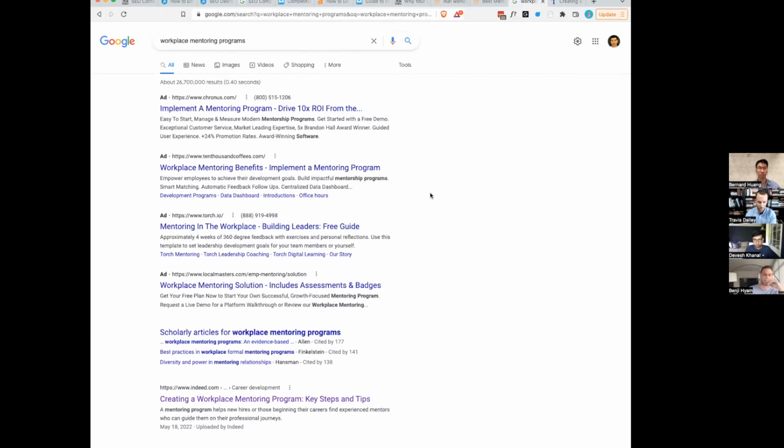Because this is more bottom of the funnel, I think the searcher likely has more awareness of some of the mentoring program options that are out there. They're not coming into it completely blind. So that's just what I'd say on that point.